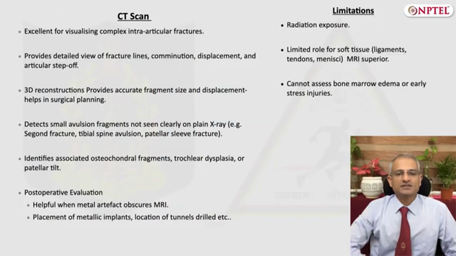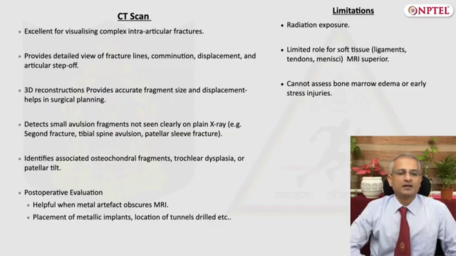The next investigation that is popularly done is a computerized tomography or a CT scan, which is a versatile and non-invasive investigation. It provides cross-sectional detailed anatomy which is much superior to the X-ray.